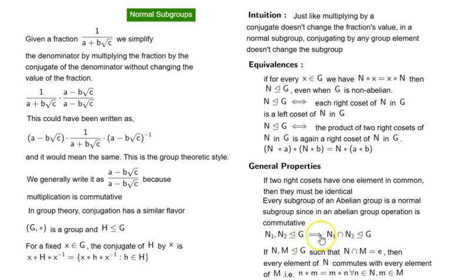What I would highly recommend is that when you look at these properties, take an example and actually figure out two normal subgroups, take the intersection and see whether the statement is true or not.